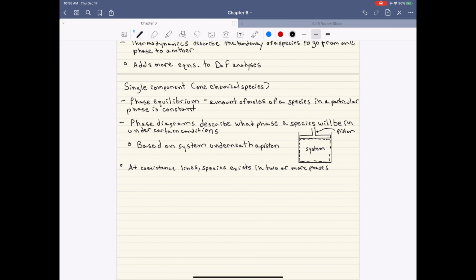Okay? In the coexistence line, we have that critical point in which if you're at a temperature higher than the critical point, you only have a gas. So the critical point occurs at PC and TC.